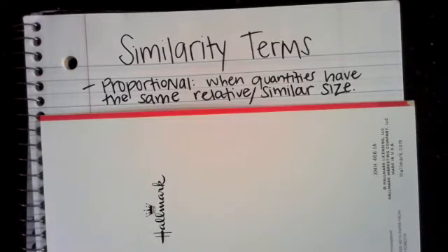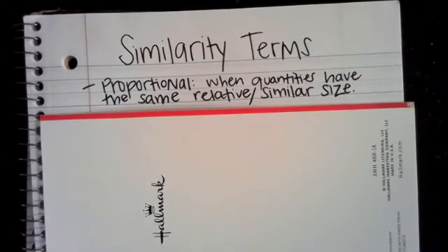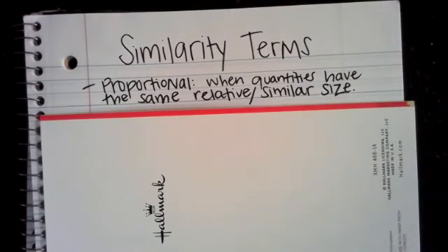So for example, let's say the recipe called for a batch of 12 cookies. If you made the recipe and it made 12 cookies, and I doubled the batch because I wanted to make 24 cookies, then I would have to take all of my ingredients and double the amount in order to make double the amount of cookies.